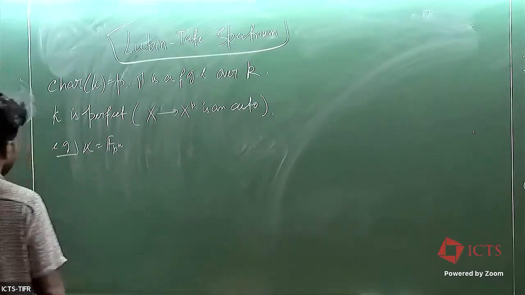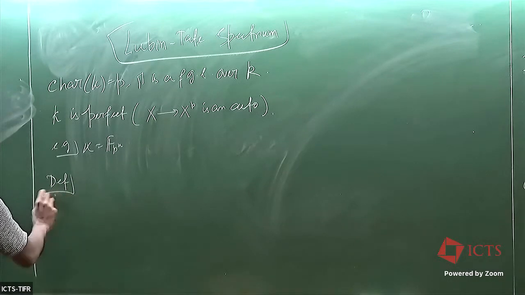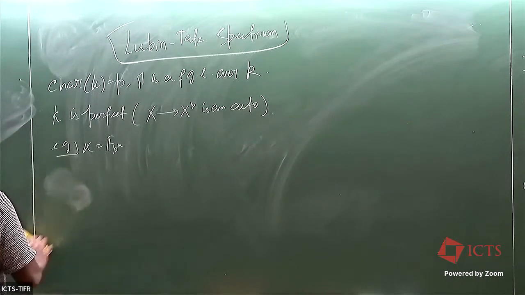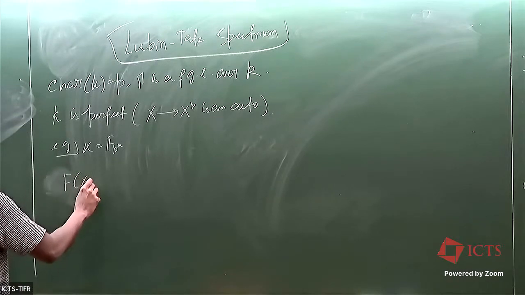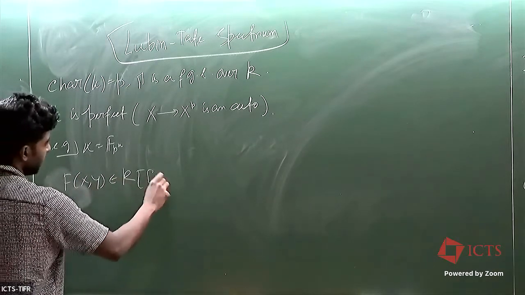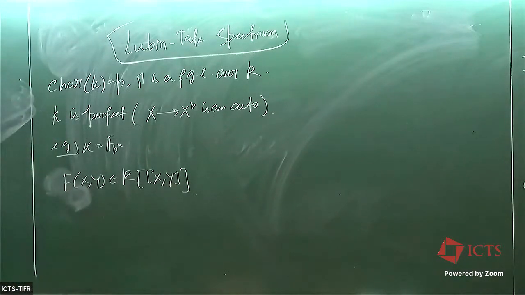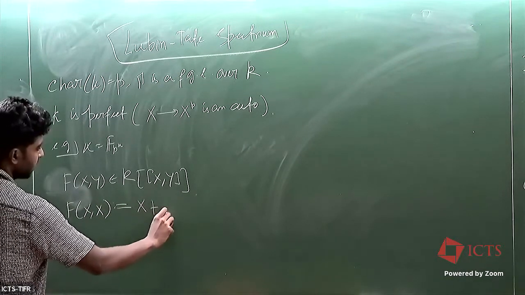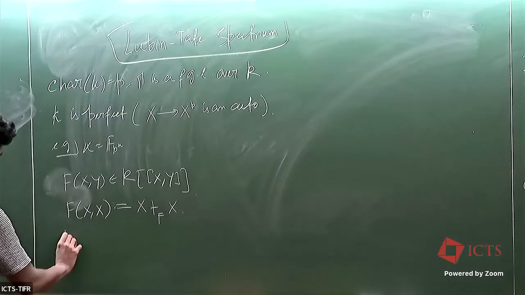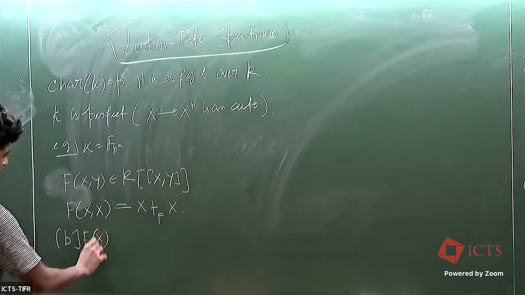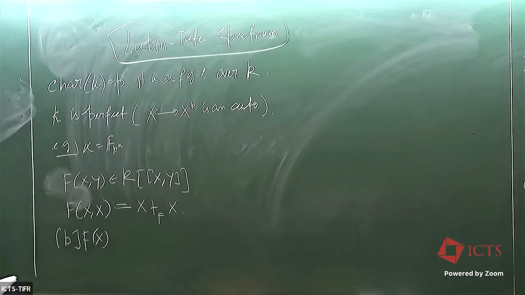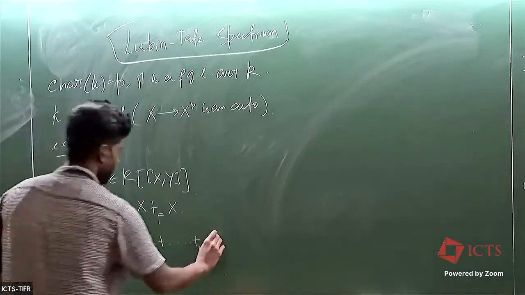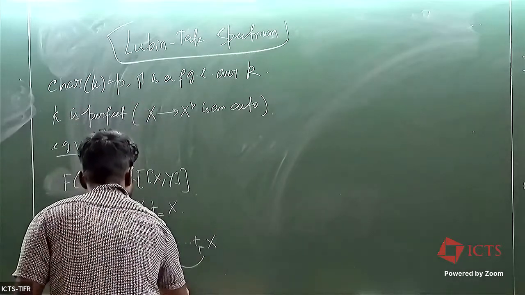And yeah, so now a definition. Let F belong to K[[x,y]], and by F(x,x) I abbreviate this as x plus_F x. A p-series of a formal group law is again going to be a power series, but in just one variable, and that is defined like this: x plus_F x, p times.